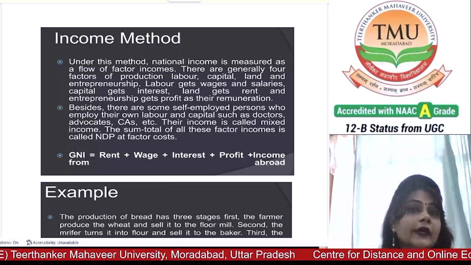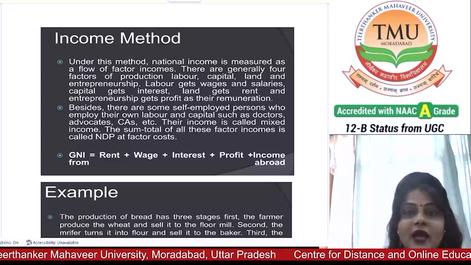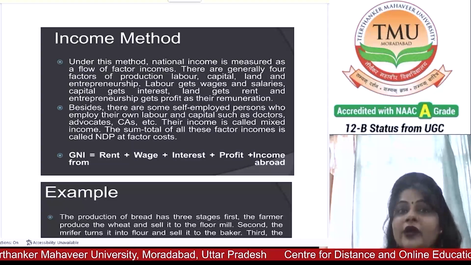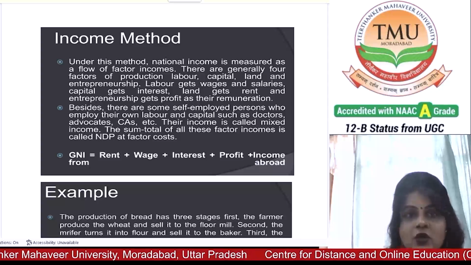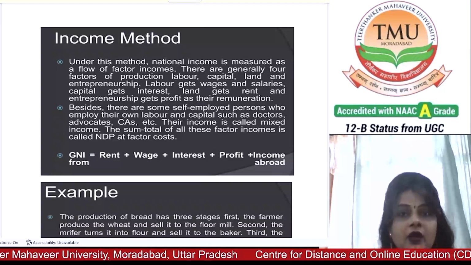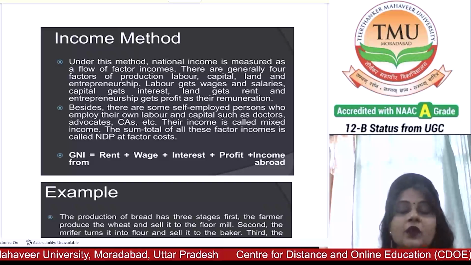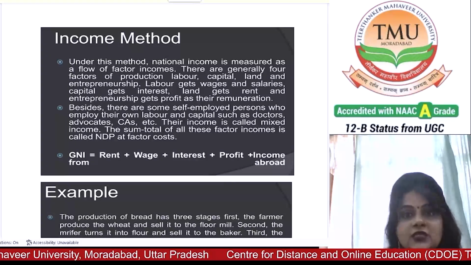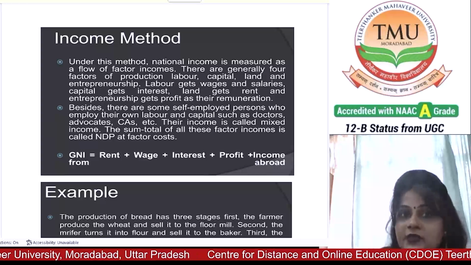So, under the income method, national income is measured as a flow of factor incomes. There are generally four factors of production: labor, capital, land, and entrepreneur. Labor gets wages and salaries. Capital gets interest.